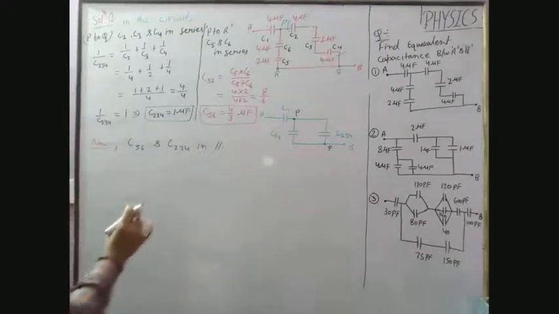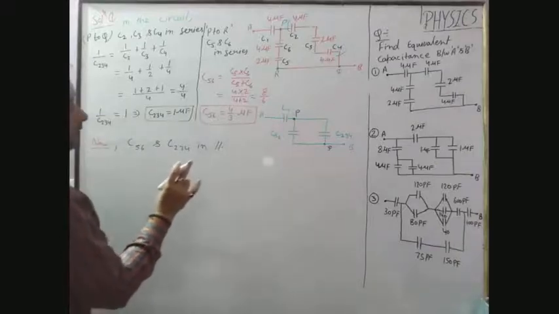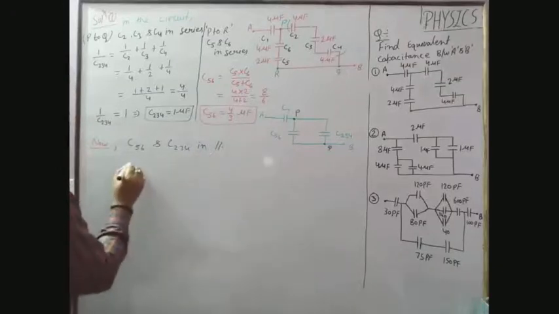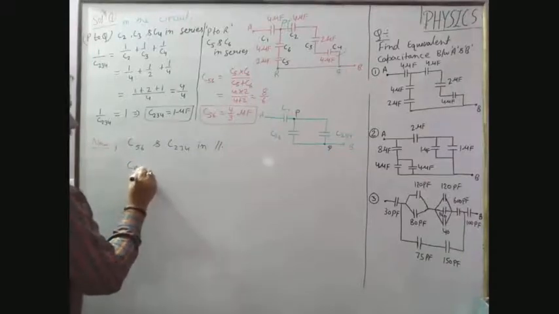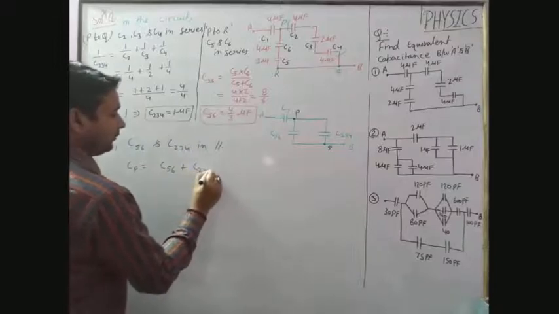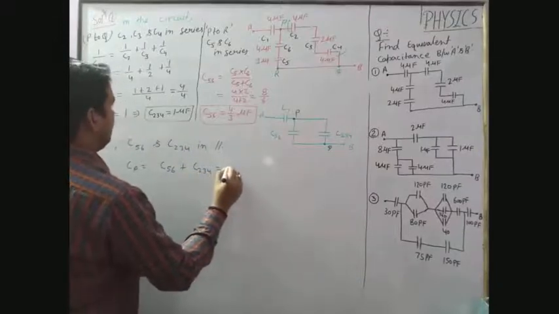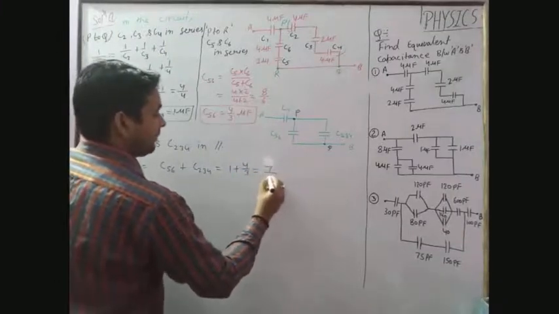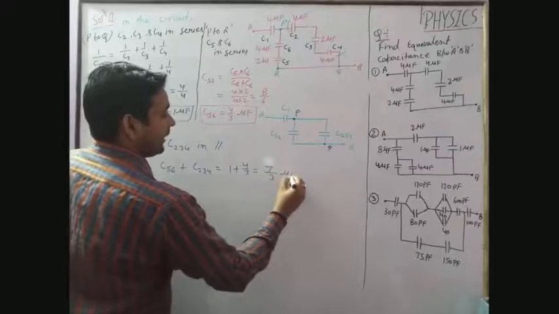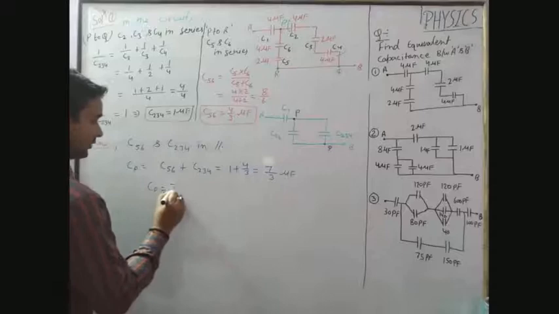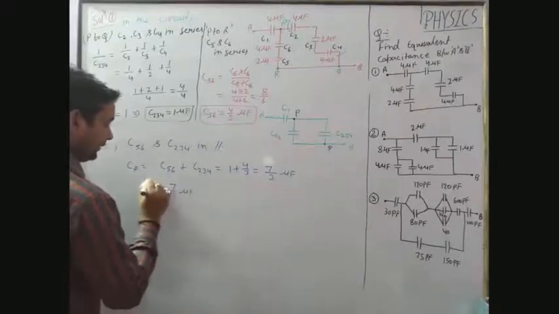Therefore you can solve it very easily: Cp is equal to C56 plus C234, which is 1 plus 4 by 3, which you calculate is 7 by 3 microfarad. That is, Cp is equal to 7 by 3 microfarad.